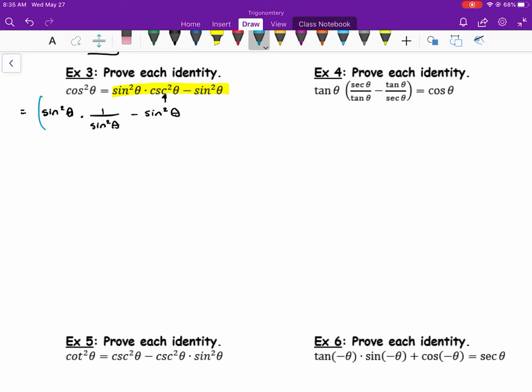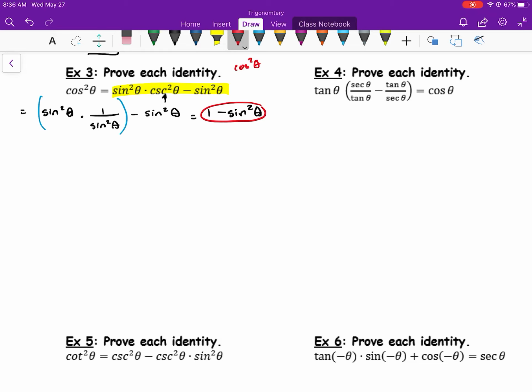For my next step, I have to multiply this out. And that gives me 1. The signs will cancel out, so you get 1 minus sine squared of theta. Again, if I look at my identities, let's stay consistent.